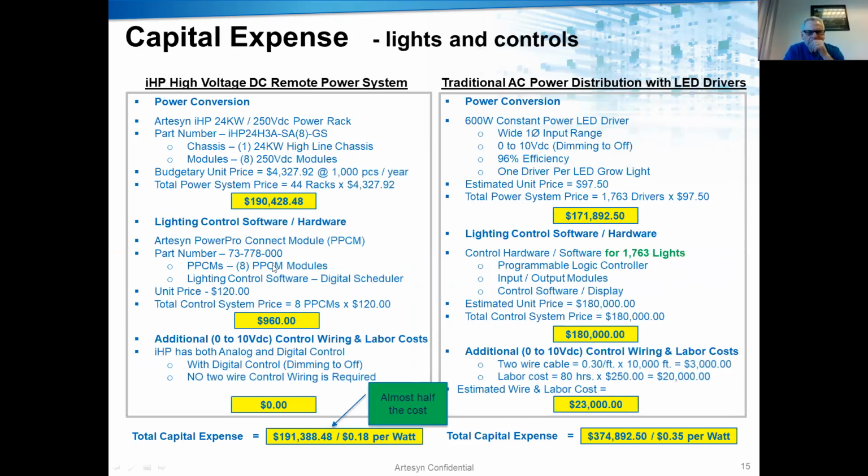Now for the controls. For our controls, we just need that little black box, the PPCM, and we need one for every 6. So it turns out that we need 8 of these boxes at 120, so 960. For the PLC, and we've talked to customers, and they said we're conservative with this because I question it. For the PLC controller, you need I/O ports, you need the PLC.